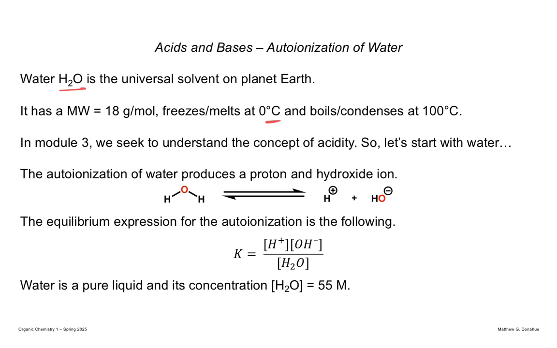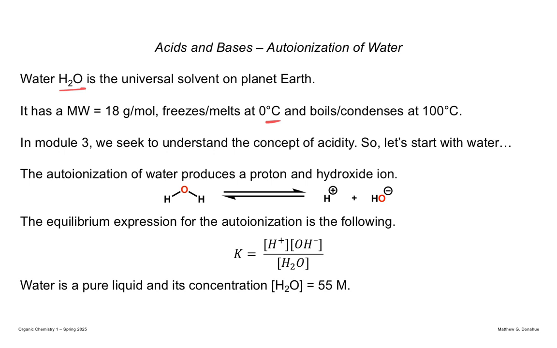In here we talk about Celsius. I always think of room temperature as 25 degrees Celsius. Just be familiar with that. Water boils and condenses at 100. When you're making your noodles at home, you get the water boiling, it hits 100, that's when you see the steam coming off it.